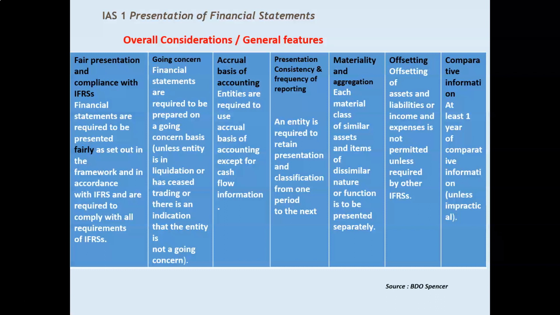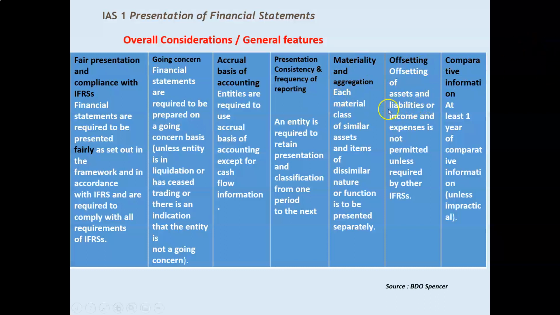So it is clear that if I offset assets and liabilities against each other, or for that matter income and expenses against each other, I will definitely mislead the users of financial statements. Why do I want to split income and expenses? Because I need to show the reader of the financial statements what expenses were incurred in order to generate a certain income figure.